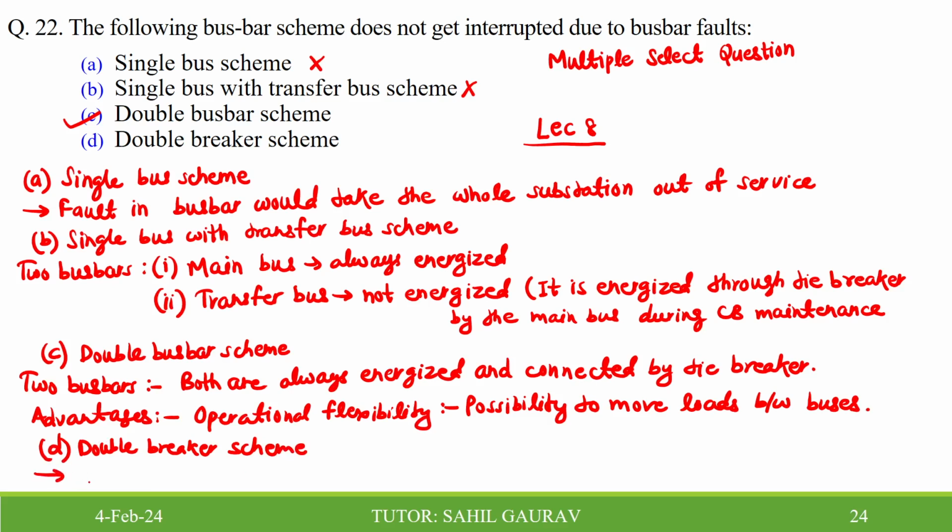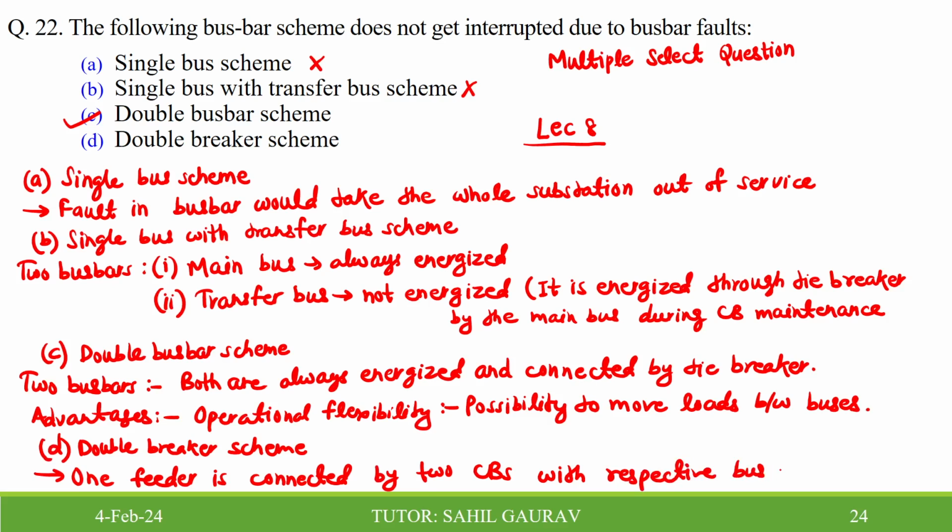Here also one feeder is connected by two circuit breakers with respective bus bars. So option D is also correct. The double bus bar, double breaker scheme does not get interrupted due to bus bar faults, and they remain able to provide power to the distribution areas.